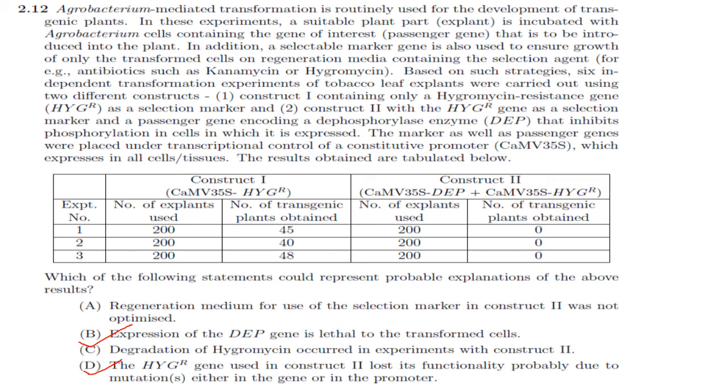So the mutation can be either in the gene coding for hygromycin resistance or in the promoter. So that may be one of the reasons why you got no transgenic plants at all when you use construct 2 for transformation experiments. Okay, so options B and D are correct.